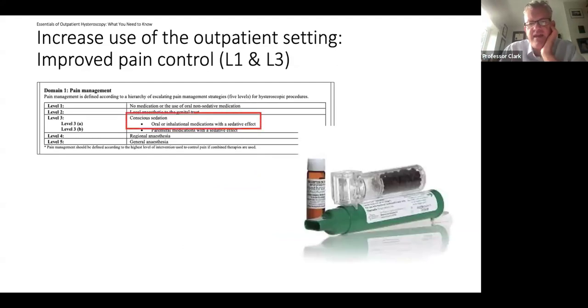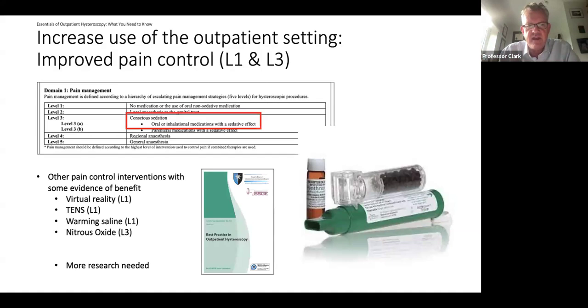In level 3A, this is again in an office setting, but either instead of local anesthetic or in addition, you can use, as I said, we talked about nitrous oxide, but also we're currently conducting a trial looking at research into the use of methoxyflurane, which is a type of anesthetic, but it's given in such a low dose that it doesn't have an anesthetic or, for that matter, marked sedative effect. It's more of an analgesic, but it's rapidly acting and rapidly excreted, and it's in a handy self-contained device.